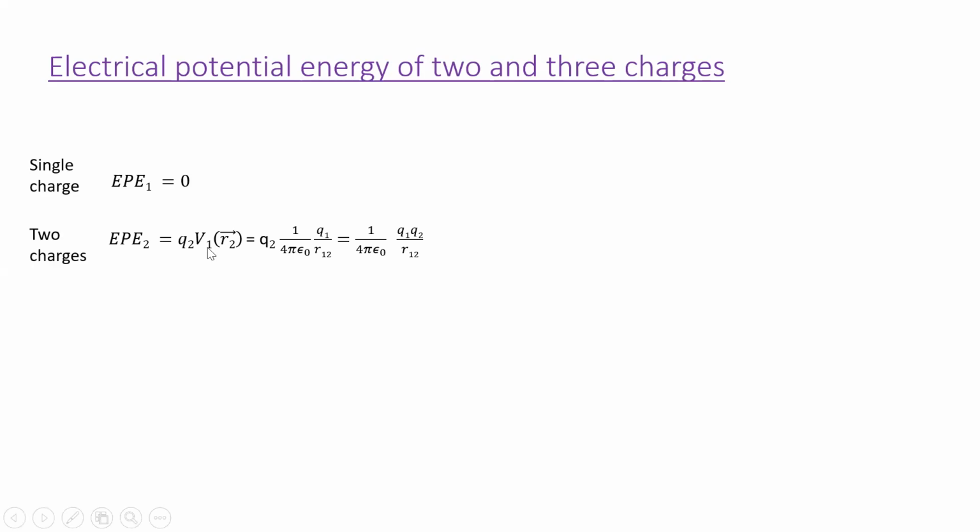This is what we just did on the last slide: Q2 V1 of R2, going through the same steps. And so for 2 charges, the electric potential energy is 1 over 4 pi epsilon naught Q1 Q2 over R12. So the potential energy is proportional to Coulomb's constant, proportional to each charge, and inversely proportional to the distance between them.